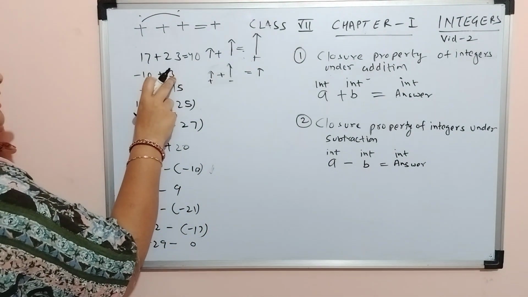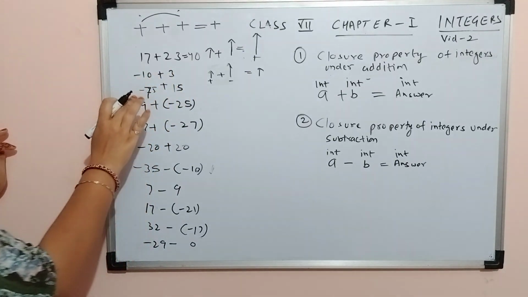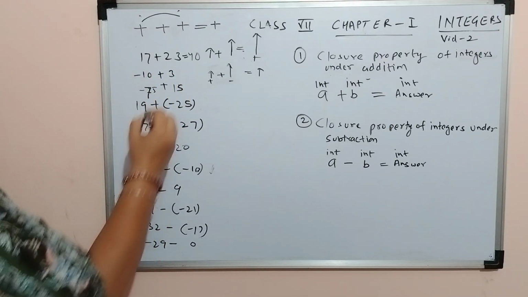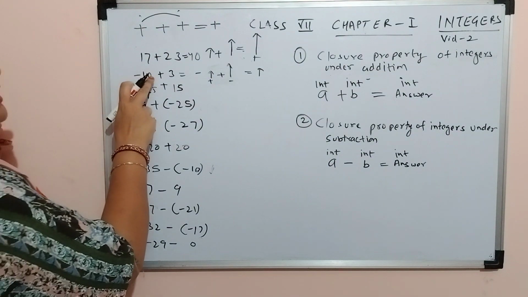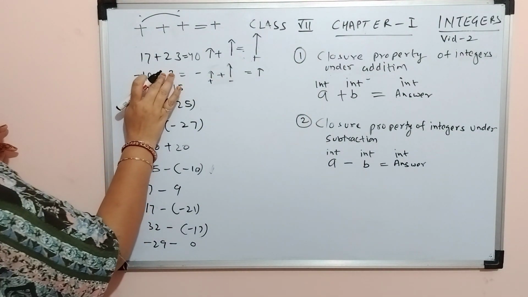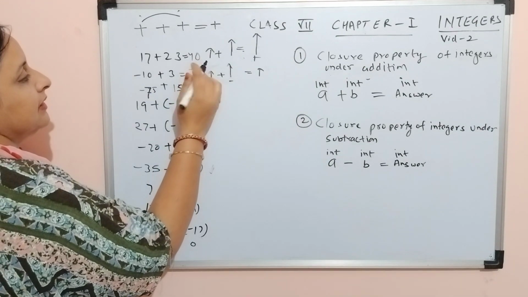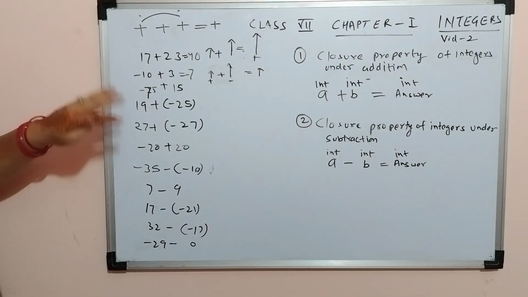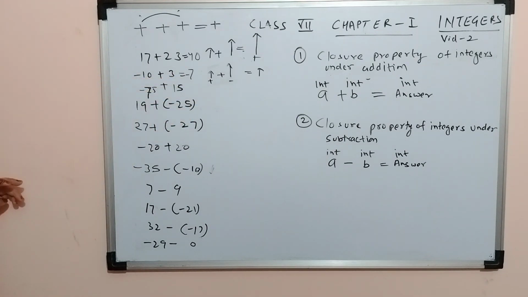For example, if we look at 3 and 10 without the minus sign, 10 is greater and 10 is holding the negative sign, so the answer will come negative. So 10 minus 3 is 7, and the sign of the number with the greater denomination, that is 10, so minus 7 will be the answer.